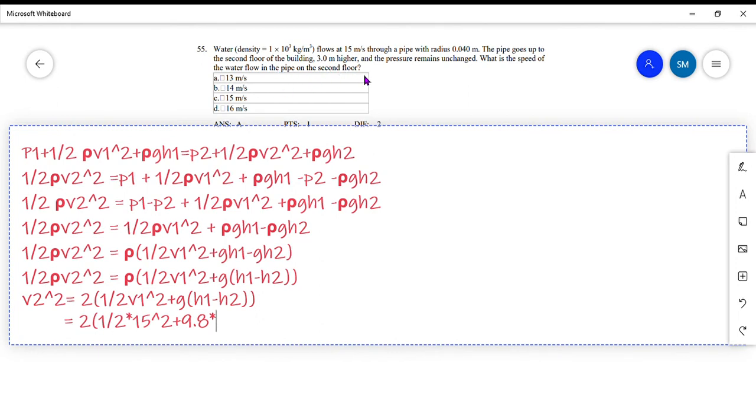That means H2 minus H1 is 3. That means H1 minus H2 is negative 3.